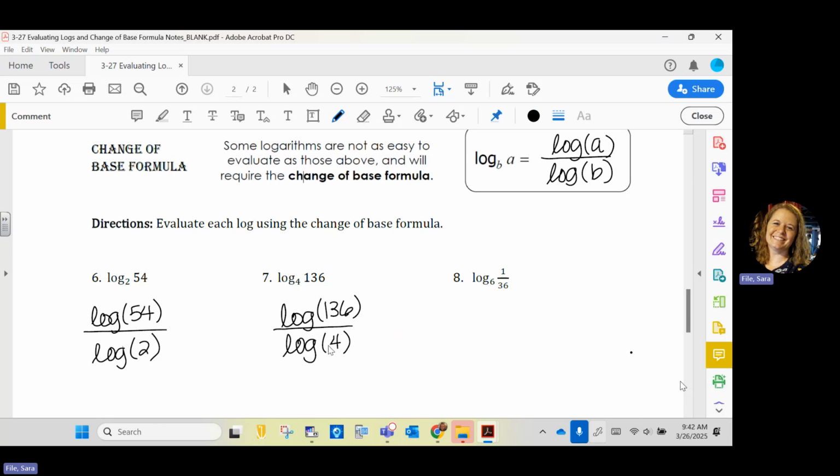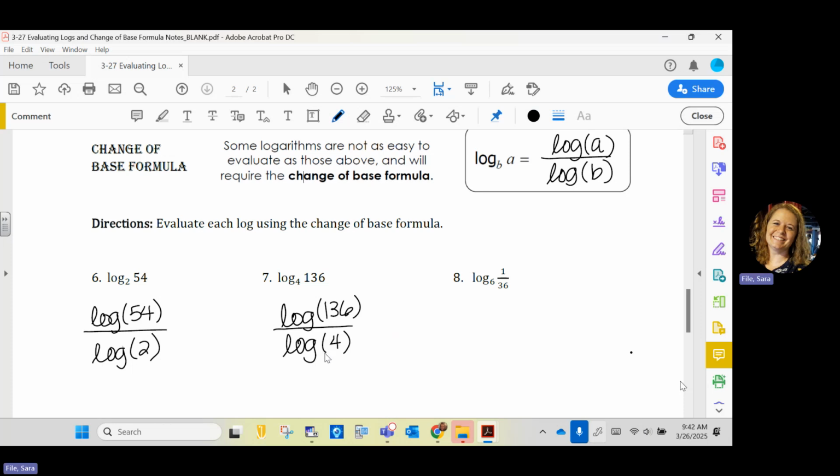This is not log times 4. This is log of 4. Log of 136. So do not try to mark through and say, oh, logs go away and just divide. That is not how this math works. The log and the 136 are together as a single term. Log of 4 is one single term. You can't separate it like that.